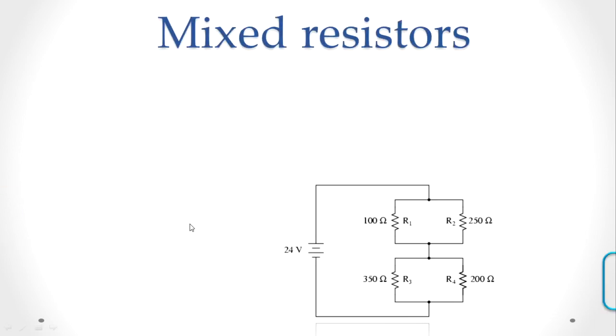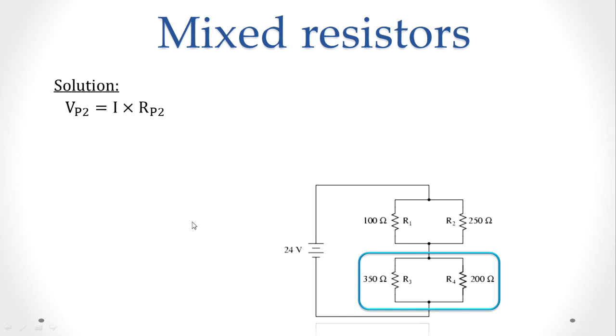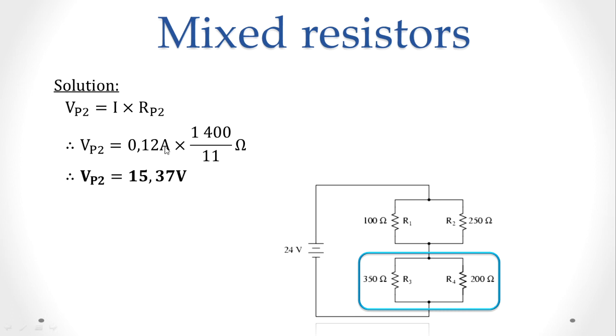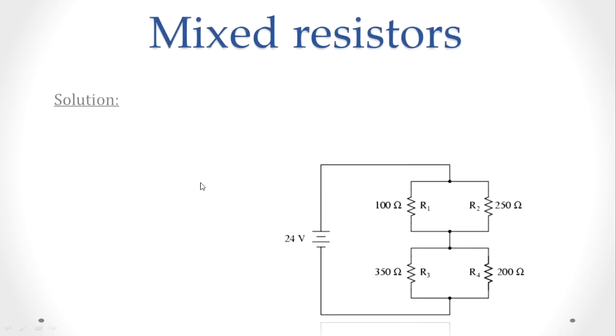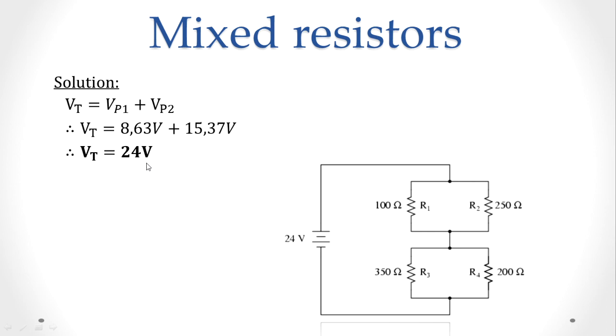And then for the next part, we work out its voltage using the total current, and then using the resistance, which we've already worked out, and we get 15.37 volts. And if we added the two together, we should get 24 volts, because the total voltage is split between the two. That is if there's no internal resistance in these batteries, which is a topic that will be covered in the next video.